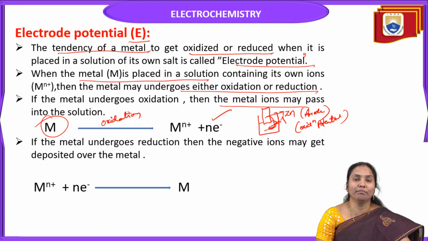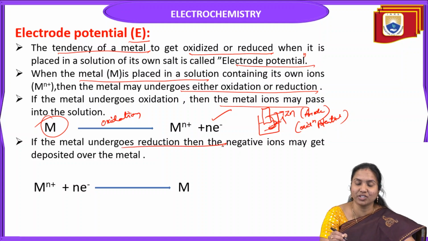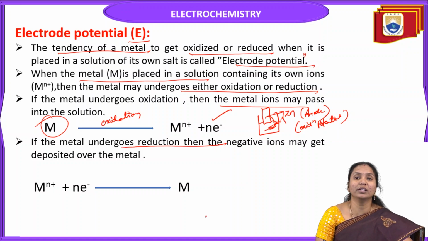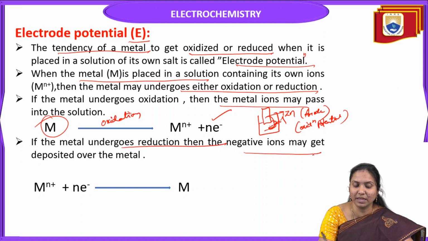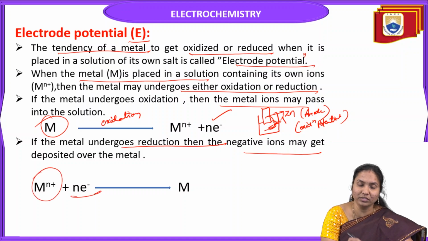Otherwise, if the metal undergoes reduction, the metal ions may get deposited over the metal. Reduction means gain of electrons, so metal ions gain electrons and are deposited as metal.